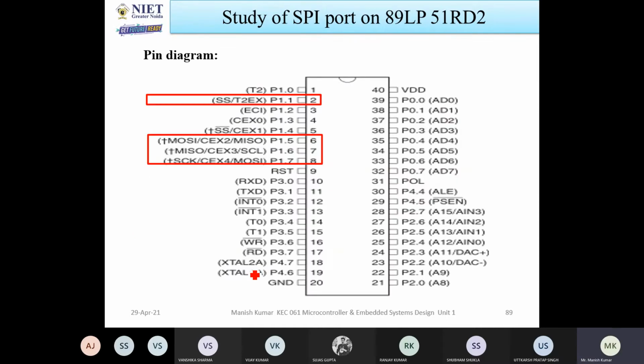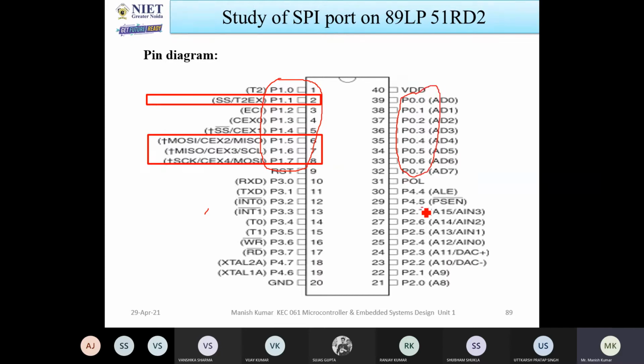So now this is the pin diagram for 89LP51RD2. I'm not going to detail all the pins since I have to concentrate only on the SPI port. Okay. The SPI port is available in port 1. So port 1 is defined from P1.0 to P1.7. Same way, port 0 is defined from P0.0 to P0.7.